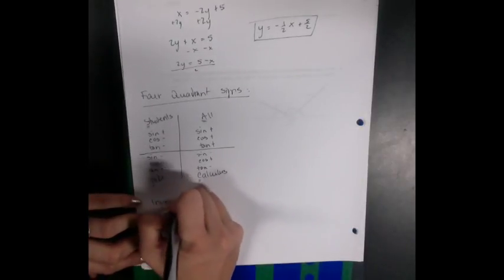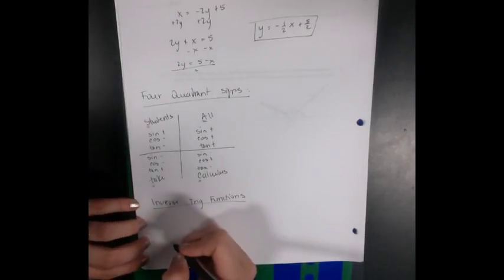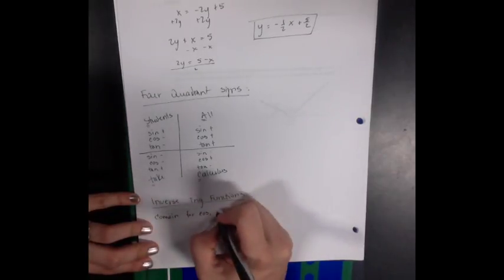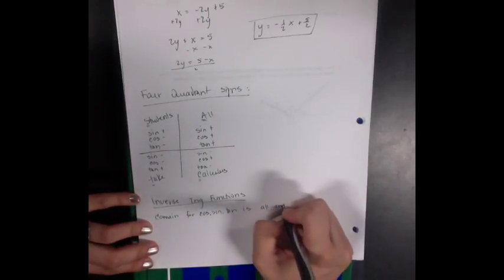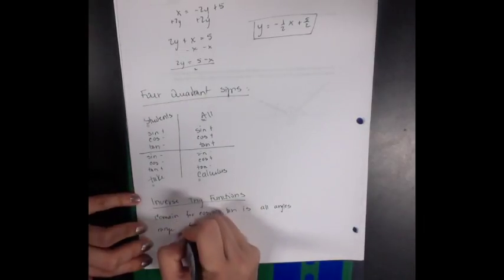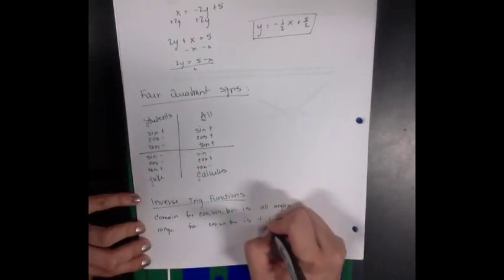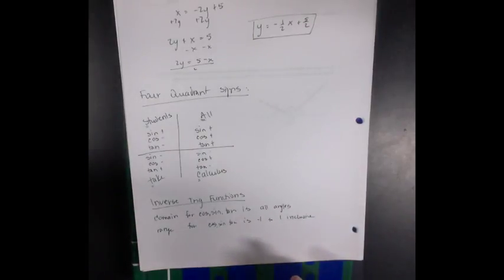Now, inverse trig functions. We have a domain and range for our trig functions. The domain for cosine, sine, and tangent is all angles. The range for cosine, sine, and tangent is -1 to 1, inclusive, meaning we can get -1, we can get 1.